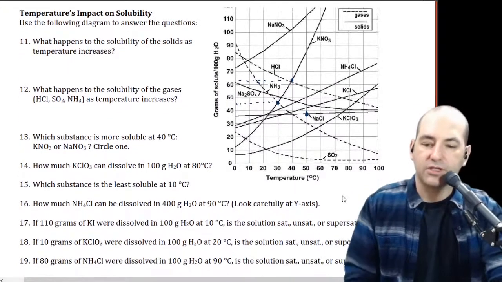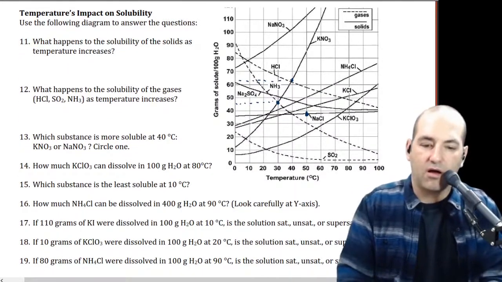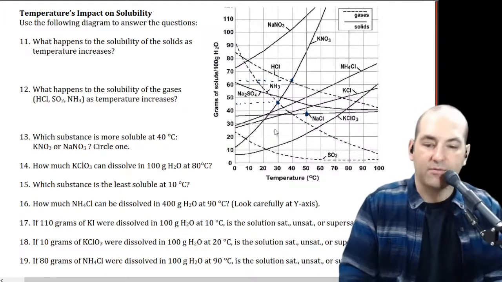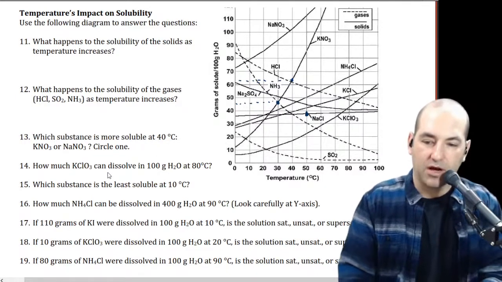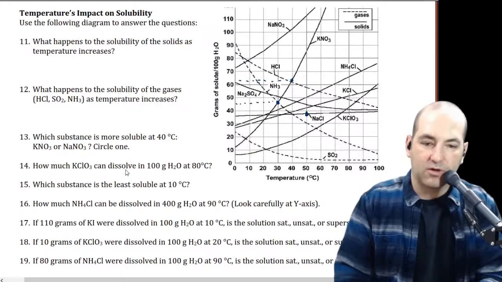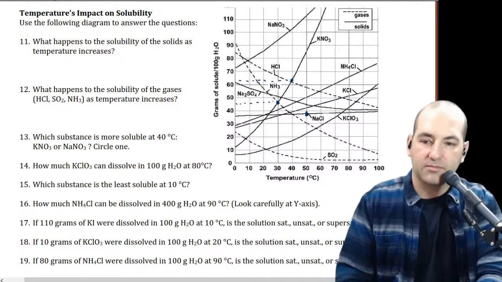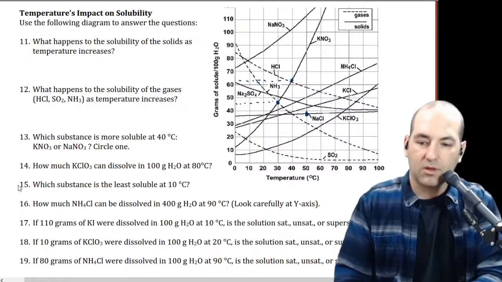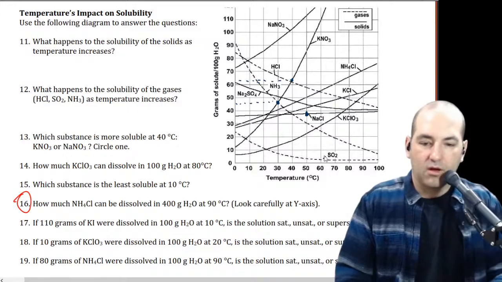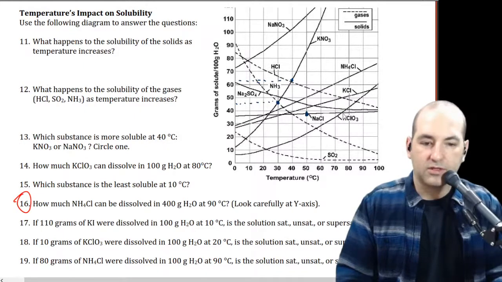For these questions, all this is asking is, can you read that from the graph and then decide? So let's do a couple. How much potassium chlorate can dissolve in 100 grams of water at 80 degrees C? So we go to 80 degrees C, we find the potassium chlorate curve, which is this one right here.